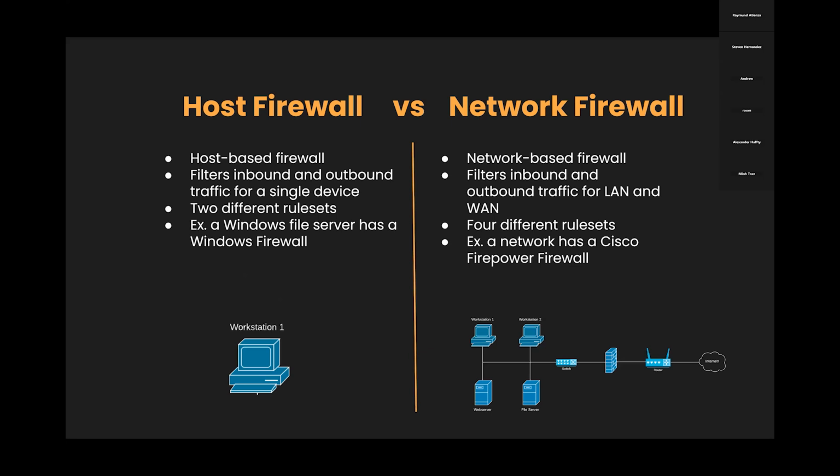And the WAN is usually the internet or just a larger, different network. And because it filters inbound and outbound traffic on both networks, you have 4 different rule sets to worry about. And an example of a network firewall is a Cisco firewall.